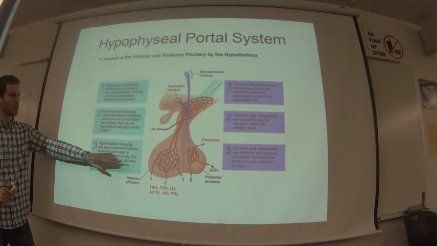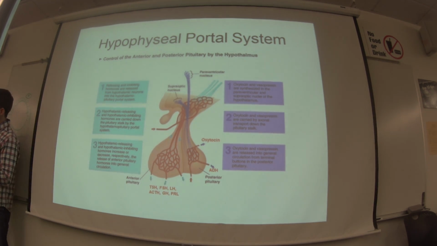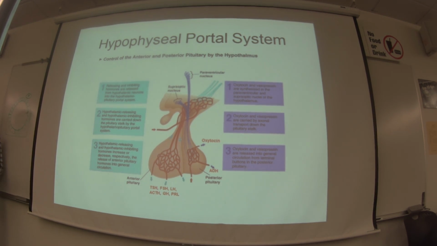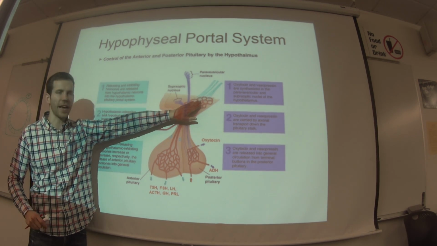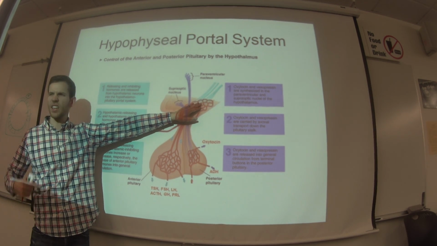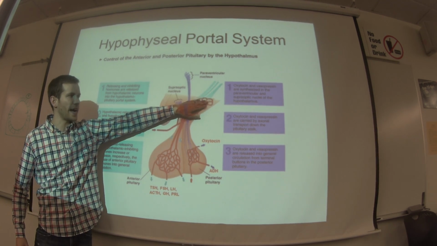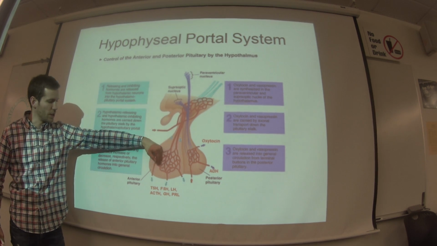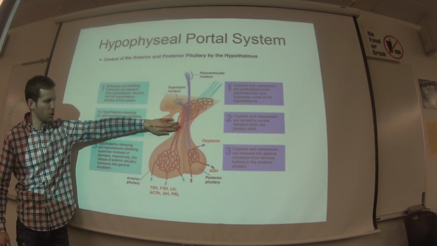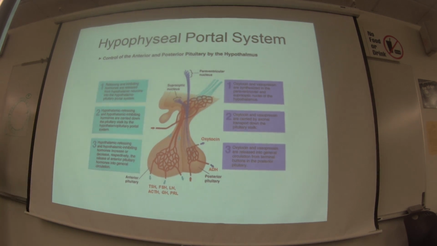Now, the anterior pituitary does not have tracts that go directly to it. It has tracts that may act on, this is the hypothalamus up here, and there's a capillary bed up in the hypothalamus that monitors your blood, basically. And so the hypothalamus can be acted on to release hormones into this blood vessel pathway that are then released from the anterior pituitary.